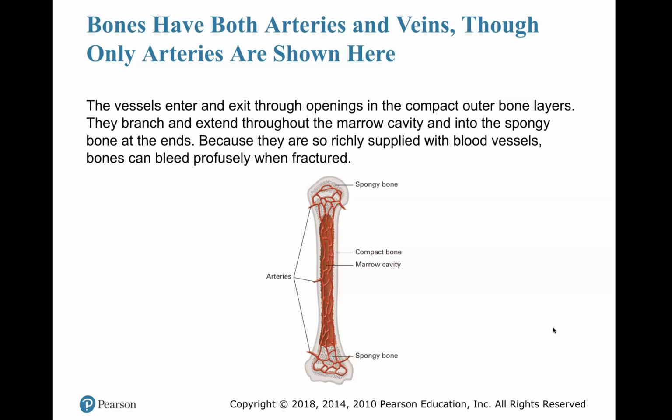They branch and extend throughout the marrow cavity and into the spongy bone at the ends. Because they are so richly supplied with blood vessels, bones can bleed profusely when fractured. The biggest bone in the body is the femur, so you would automatically assume that if it is broken, you're going to have a significant amount of internal bleeding.